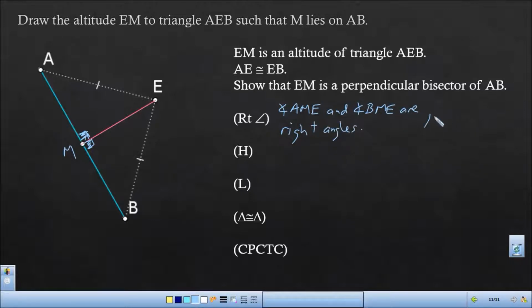The reason for this is because of the altitude. An altitude is perpendicular, and perpendicular produces right angles.